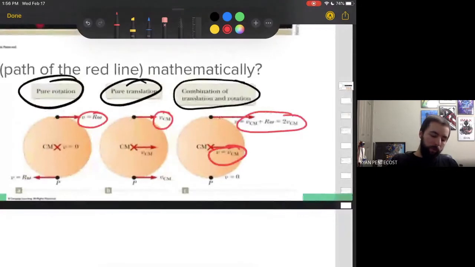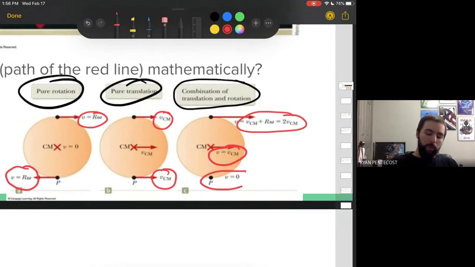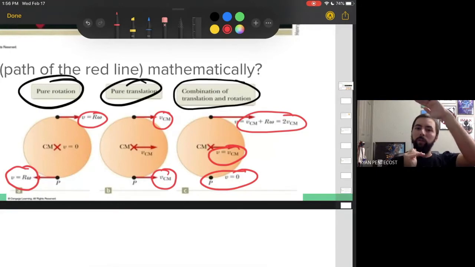And now here's the even more confusing part. You've got v equals omega r, which we said over here on the top. That is the same as v center of mass. And then you've got v center of mass here, but they're opposing each other, meaning that in rolling, that point technically doesn't move because it's the pivot. As an object rolls, you can kind of imagine that it's pivoting on its bottom, okay?